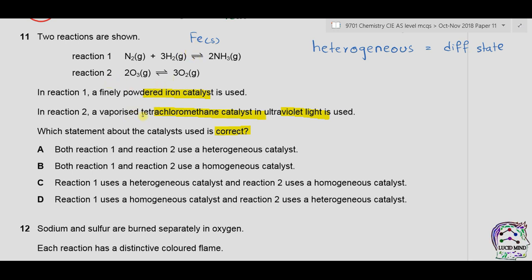In second reaction, we can see that vaporized tetrachloromethane, which is CCl4, vaporized means it is in gaseous form, it is used in UV light. So as other components of reaction are also in gaseous state, so therefore this is homogeneous catalyst. So reaction 1 has heterogeneous catalyst while reaction 2 has homogeneous catalyst. The answer is therefore C.